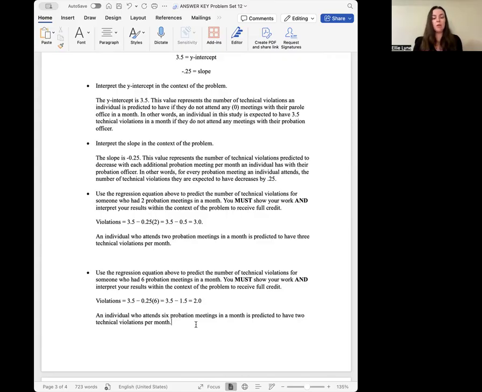And hopefully they're keeping a little bit more on track the more that they are keeping in contact with their probation officer, relative to those who are only checking in a couple of times a month. So that's information that folks in probation and parole could use to see what the ideal number of probation meetings a month is overall.